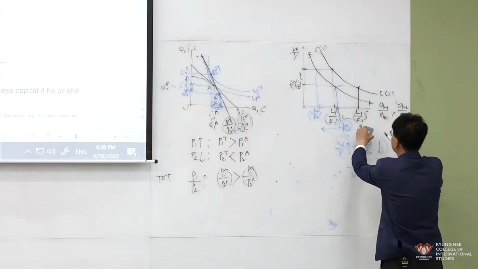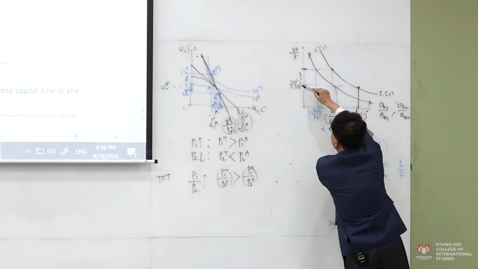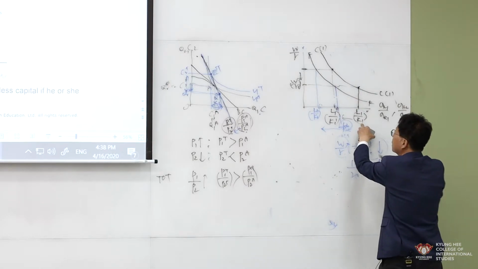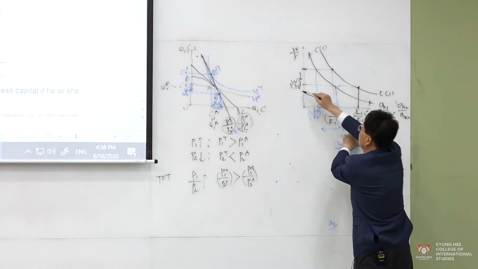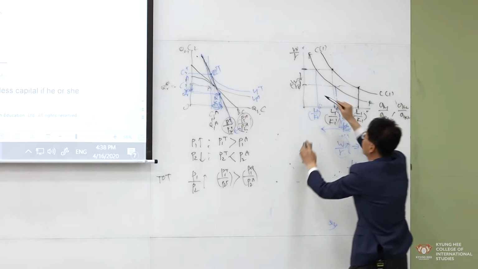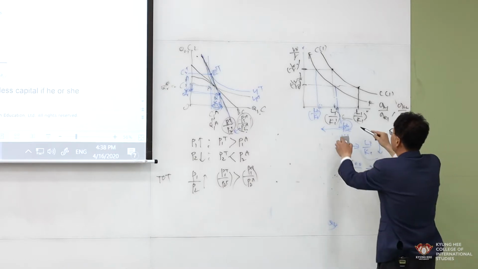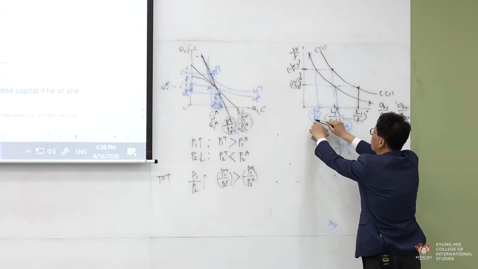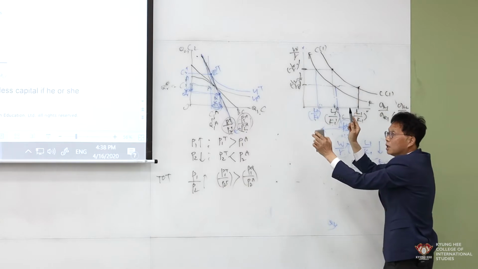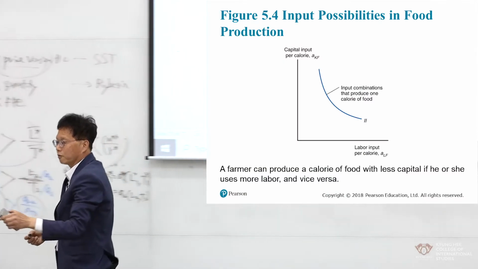Then AL1 over AK1 at point 0 is when the relative wage rate is W over R0, and L2 over K2 equals AL2 over AK2 when the relative wage rate is this one. Now, the relative wage rate increases to W over R dash. Then AL1 over AK1 dash, and AL2 over AK2 dash. Anyway, it is the same; only the horizontal and vertical variables change.